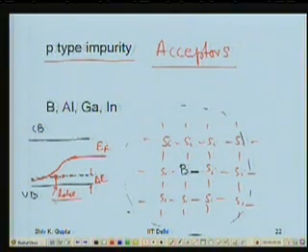And what is going to conduct? Holes. Additional electrons are not reached there. Once again, we have the number of electrons in the conduction band times the number of holes in the valence band equal to ni square.